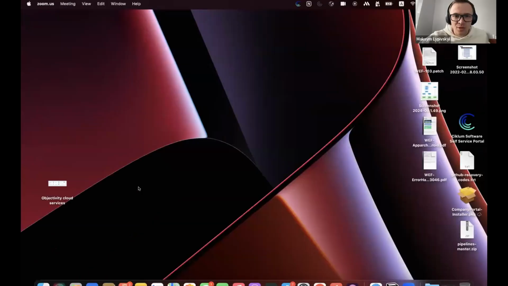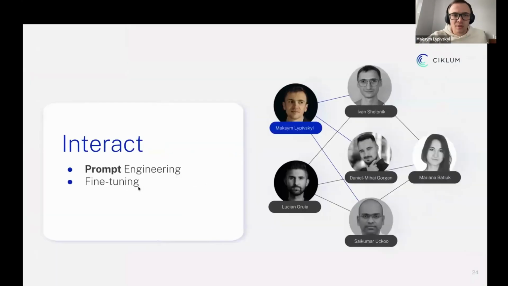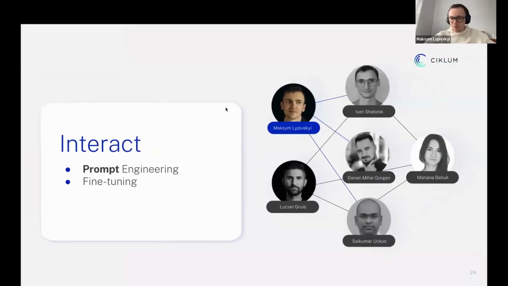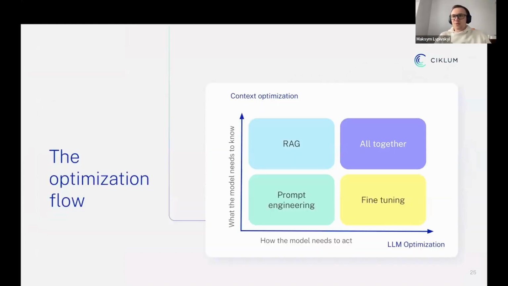I will share full screen. So for sure, the RAG part is quite important when we are working on the optimization of the large language model for our use cases.